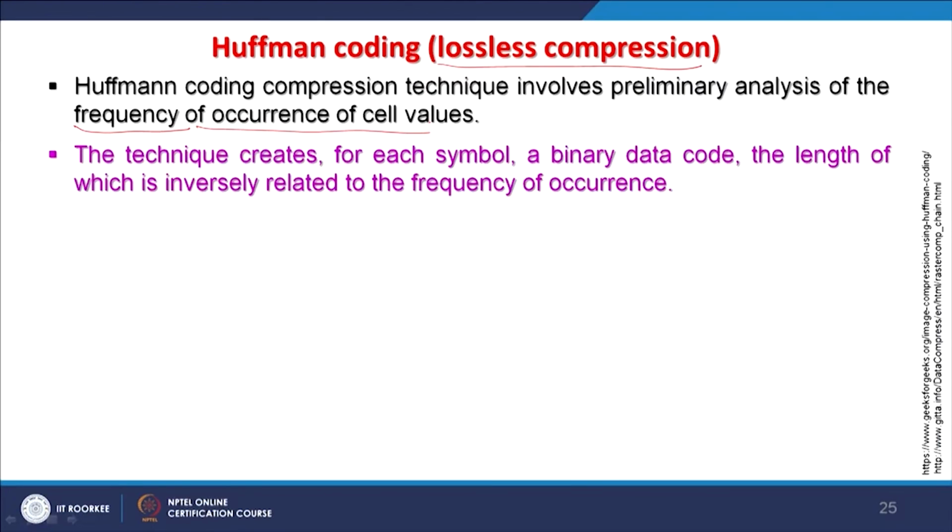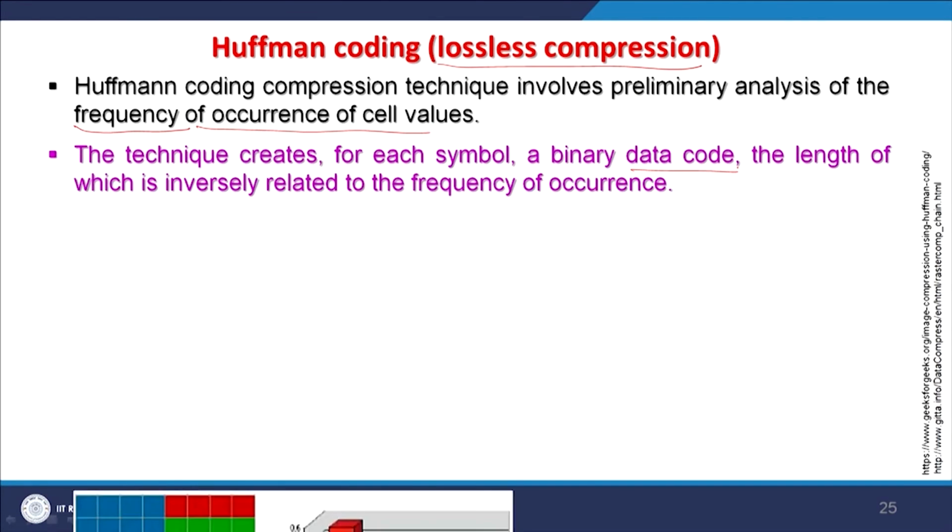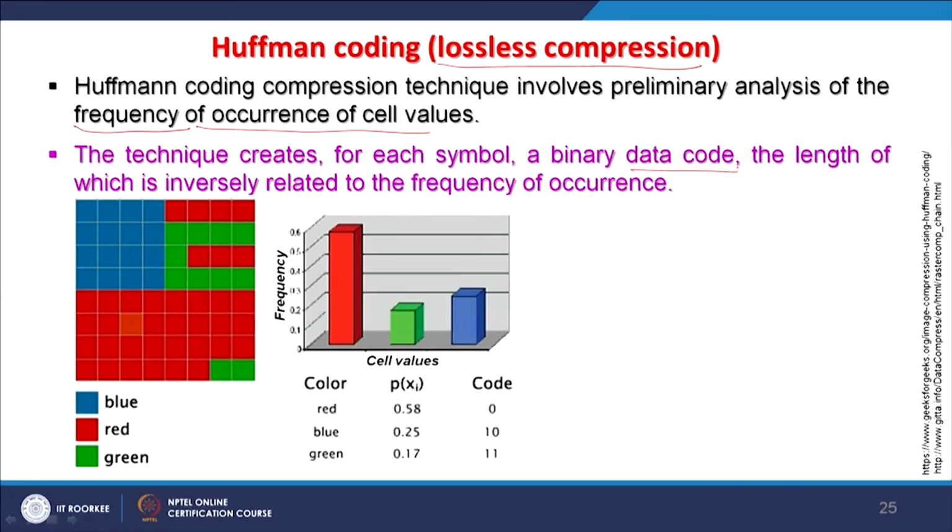So you can say a frequency based kind of technique, and this technique creates for each symbol, for example each category or each value of a pixel or cell, a binary data code, the length of which is inversely related to the frequency of occurrence, and by which you can achieve this compression.